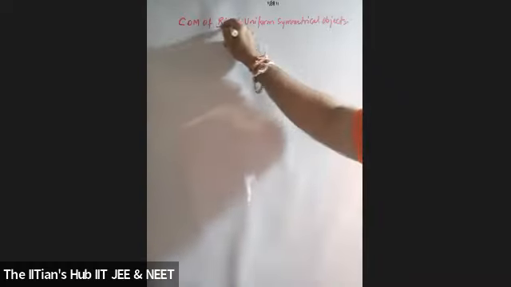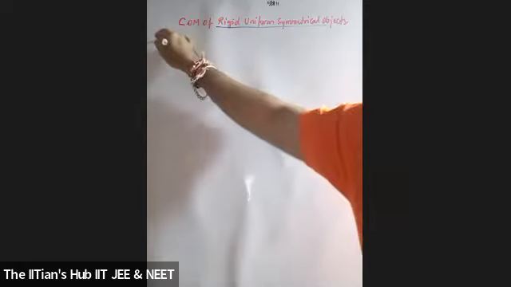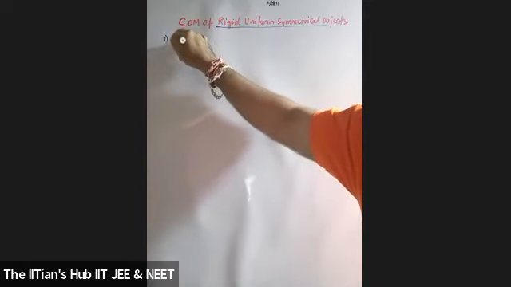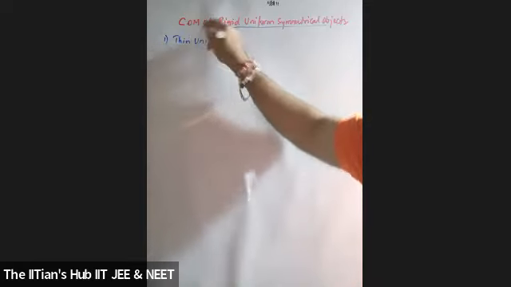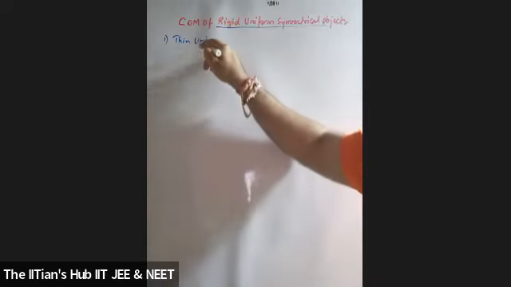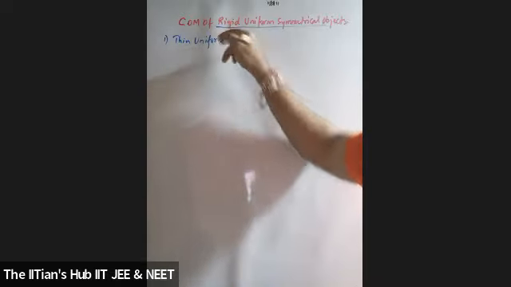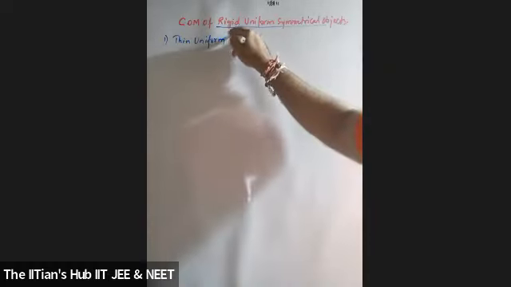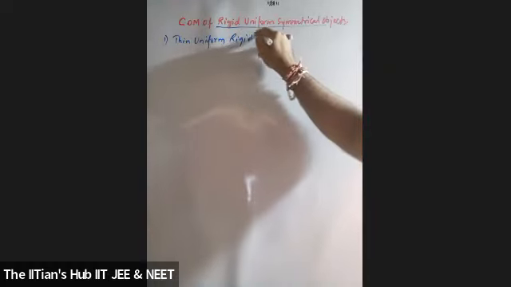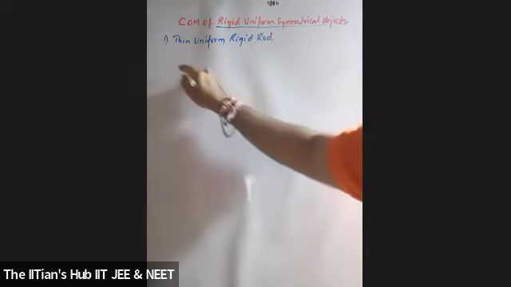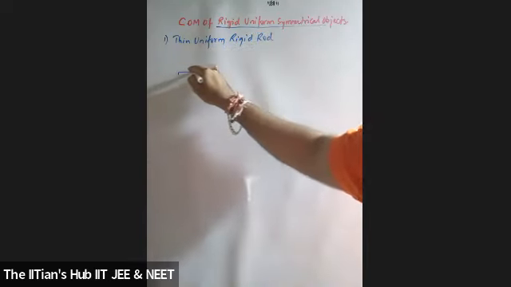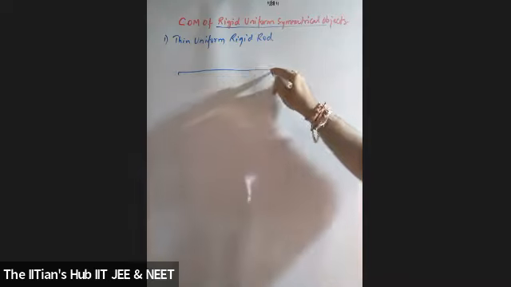Let us go for the first one. Suppose I happen to give you a thin uniform rigid rod, then can you tell me, students, where exactly the center of mass for such a thin uniform rigid rod will be?